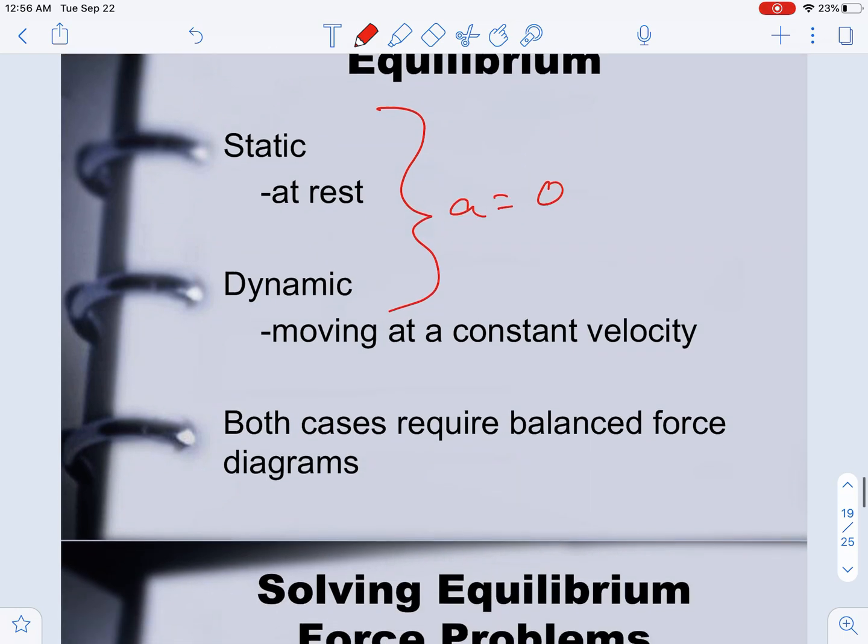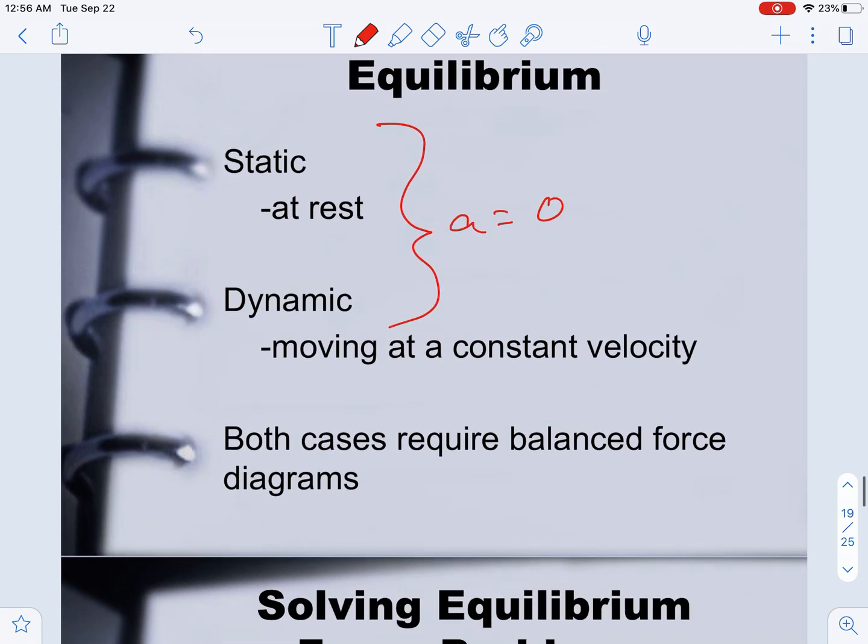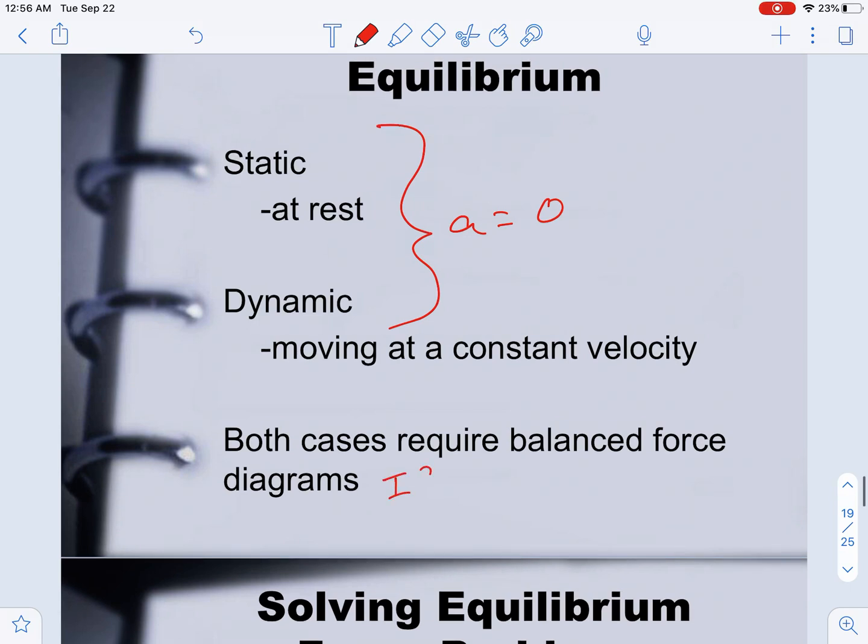When our acceleration is zero, we know that our forces must be balanced. Because if our acceleration is zero, then our net force must be zero, which really just means our forces need to be balanced.